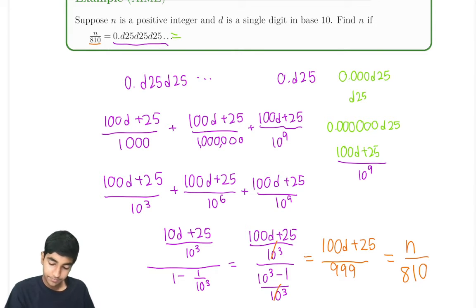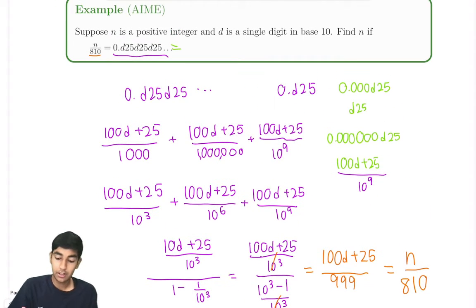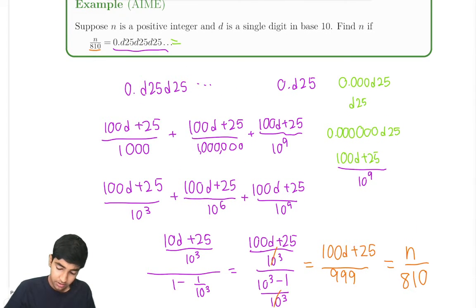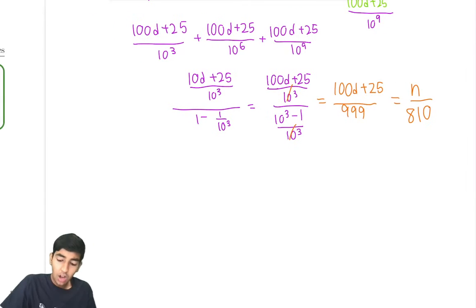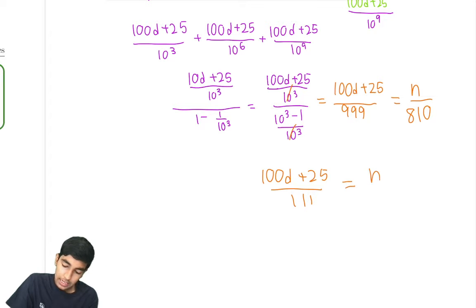Okay, so now we know d is a digit, so it can't be like 20 or 30 or whatever. And n is a positive integer, okay. Already here we've got some common terms we can just divide out. So 100D plus 25 over 111 equals n over 90.